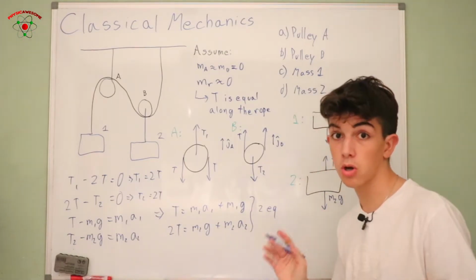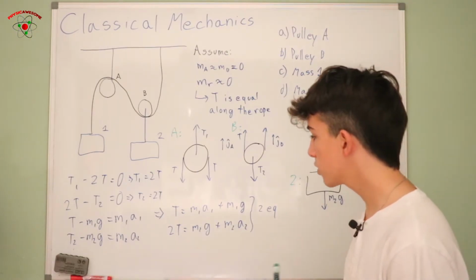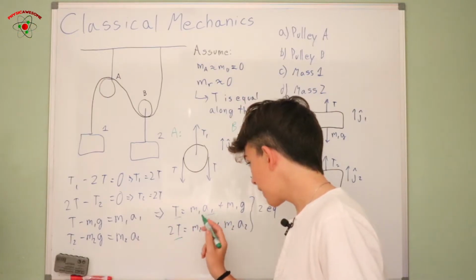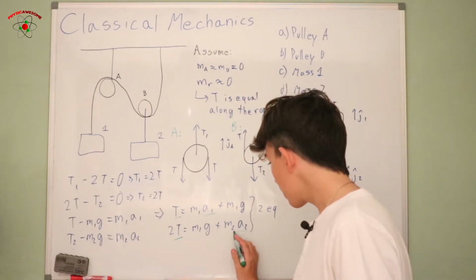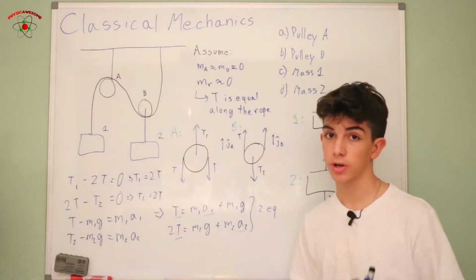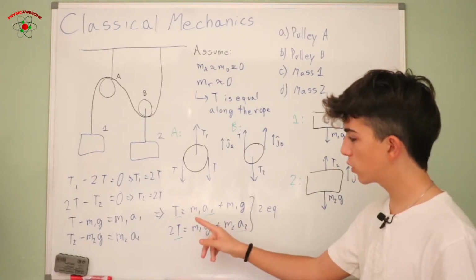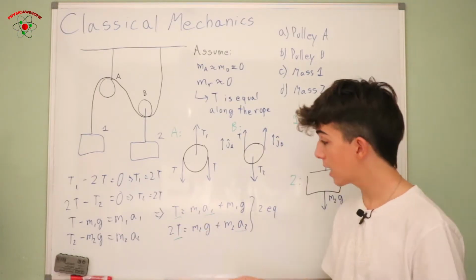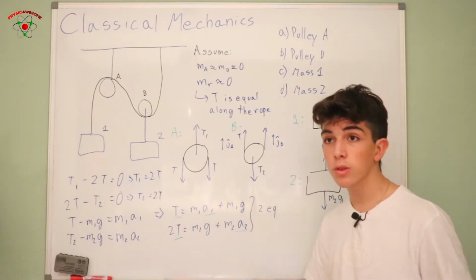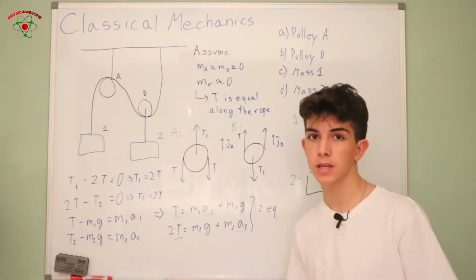That seems okay, but we have three unknowns because we don't know T, we don't know a1, and we don't know a2. So we have some trouble over here, because even if we combine these two equations, we will have one single equation with two unknowns, and that means that we will have an infinite set of solutions.